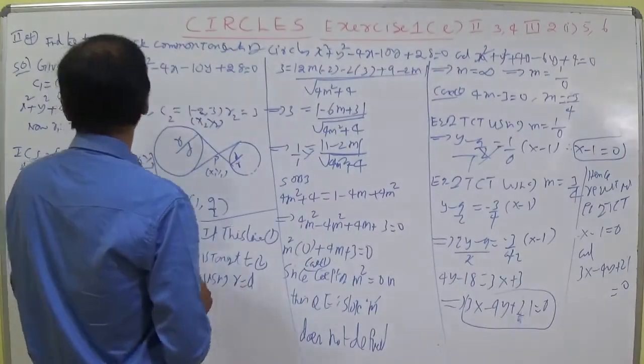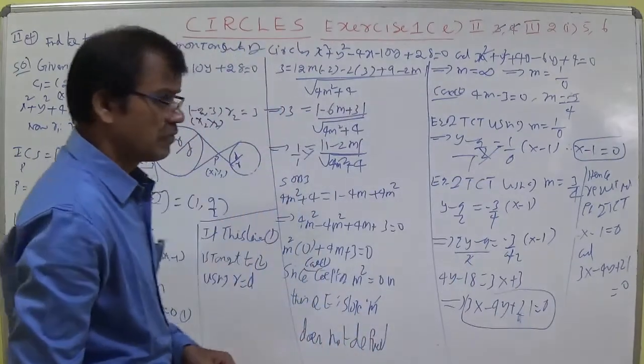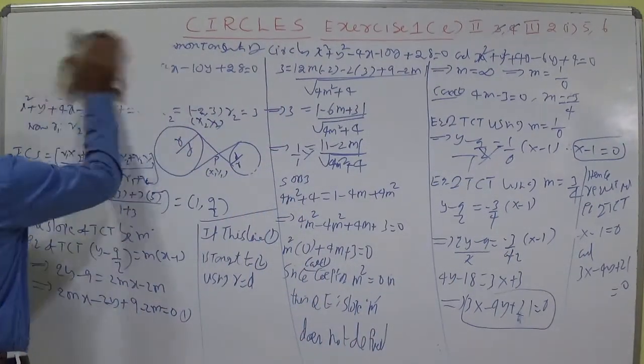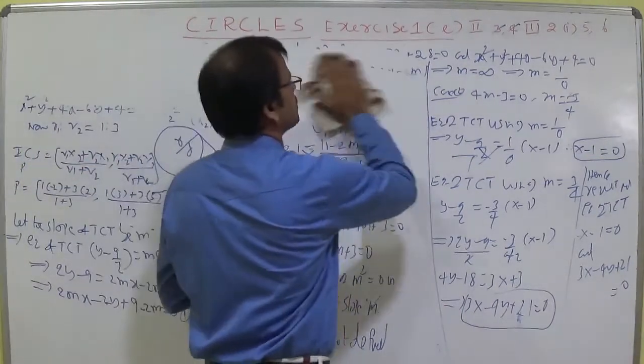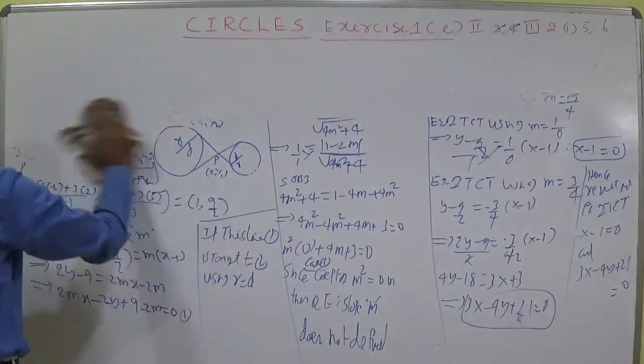We have completed Roman number 3, 4 very important questions. What DCT and TCT, both we have discussed. In Roman number 3, in the first question, he has given: find all direct common tangents.